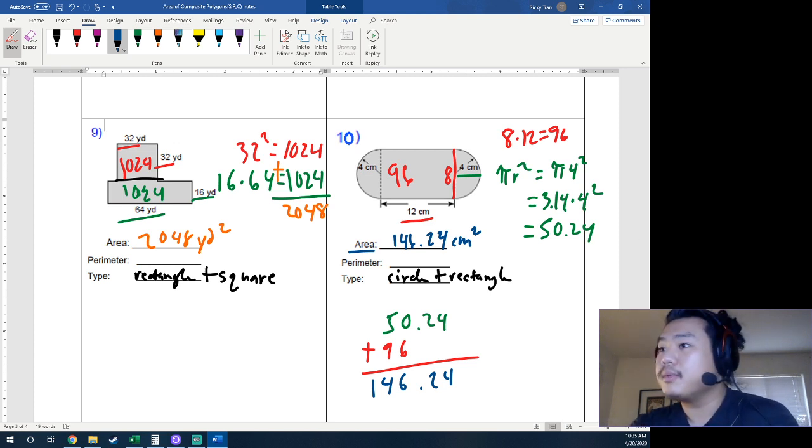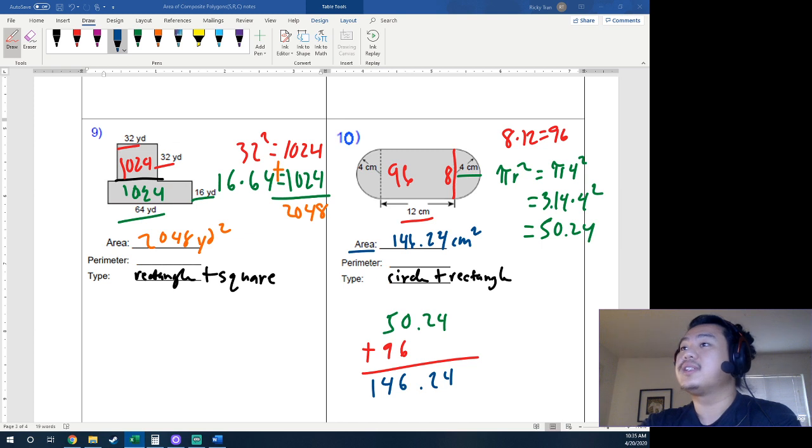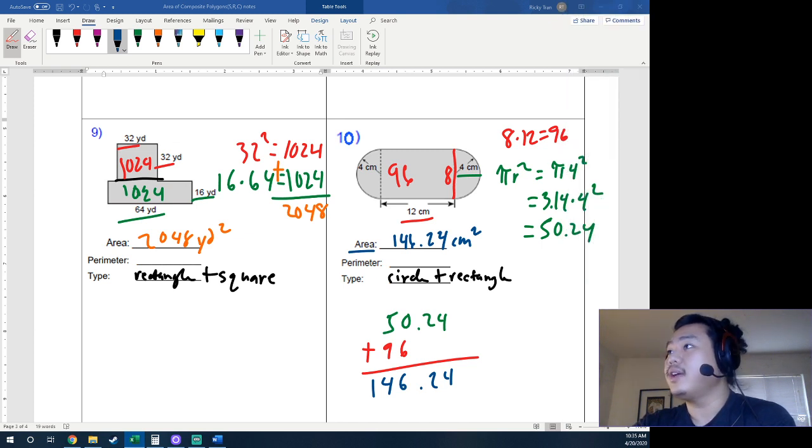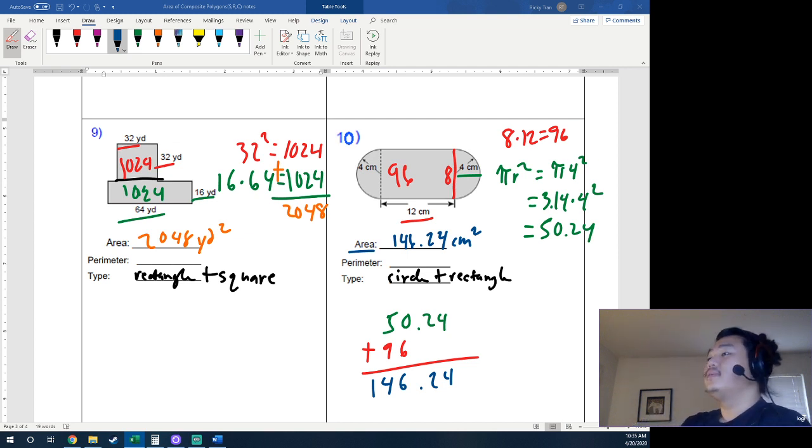Let me pull up the data. Only 16 people checked in with me once, and 18 people checked in with me twice. So a grand total of 34 people checked in with me last week.